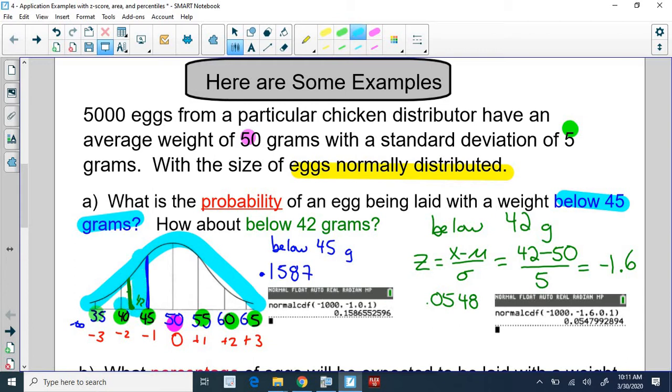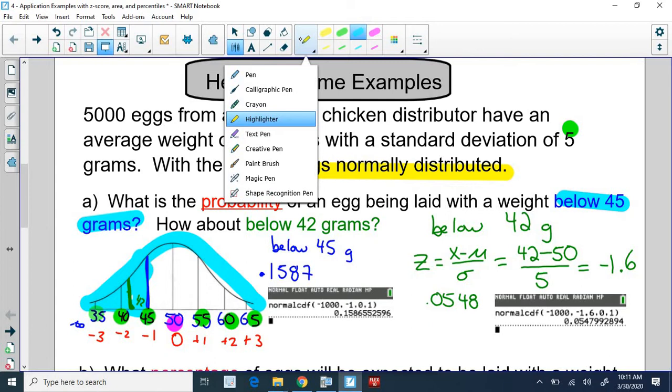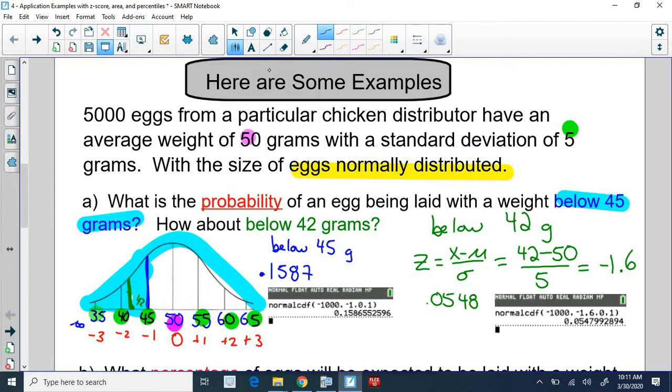Well, 45 is actually one of the members of the empirical rule. It's this negative 1 standard deviation. So you could just add up the little pieces. You could add up the fact that this has a value, this has a value, and this has a value. You can just add those values up from the empirical rule.